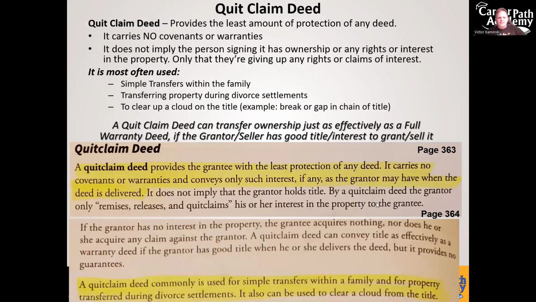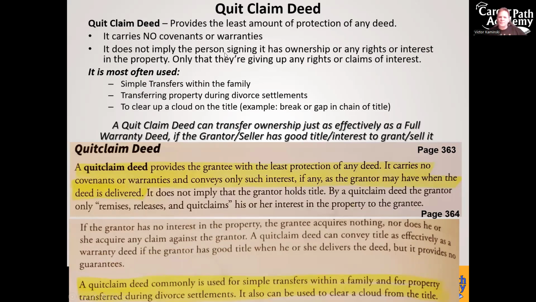Also on page 363, we're going to highlight the quitclaim deed, which also continues on to page 364, which you could then highlight for what it's used for. So a quitclaim deed provides the least amount of protection of any deed. It carries no covenants or warranties whatsoever.